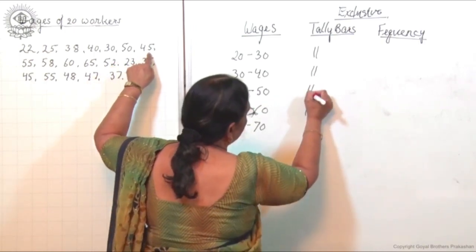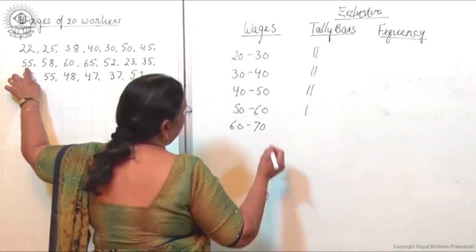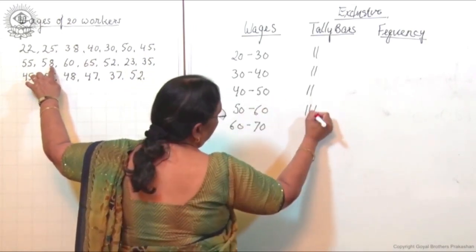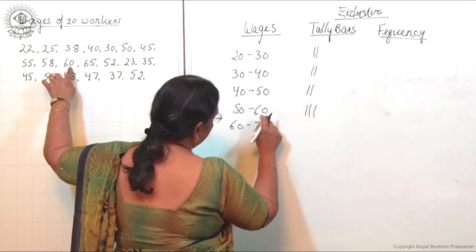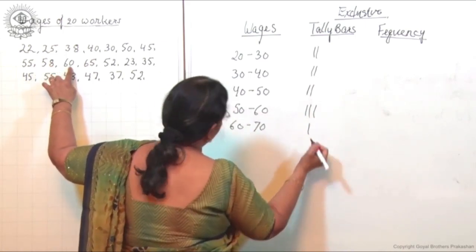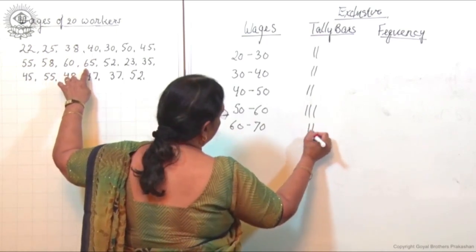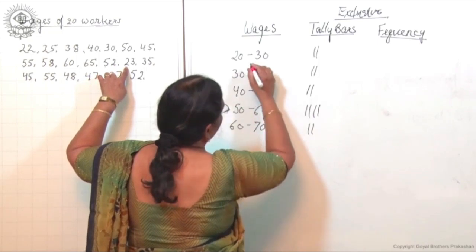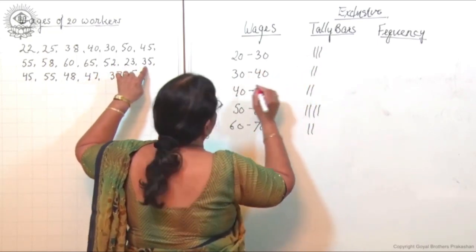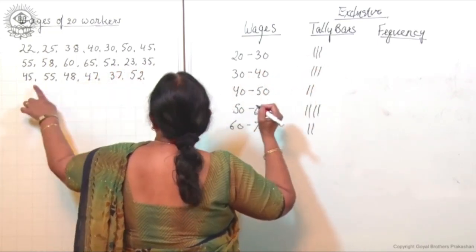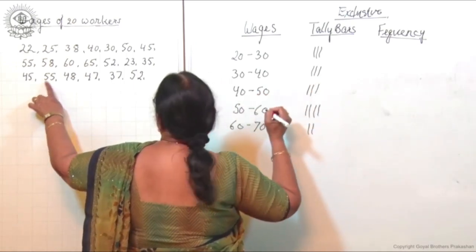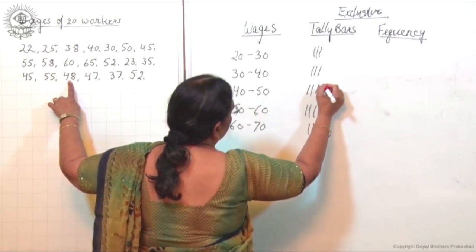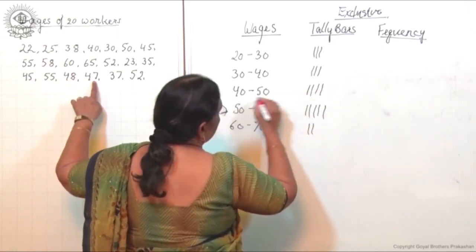Then 45 here, 55 in this category, here 58, then 60, again 60 will be added at the lower limit, then 65, then 52, then 23, then 35, then 45, then 55, then 48, then 47.